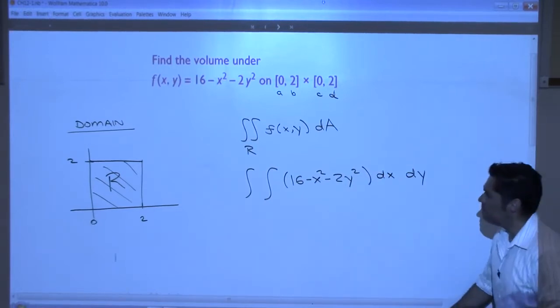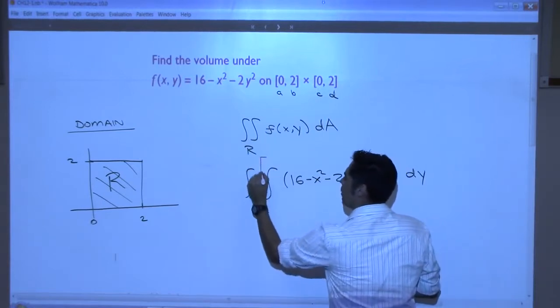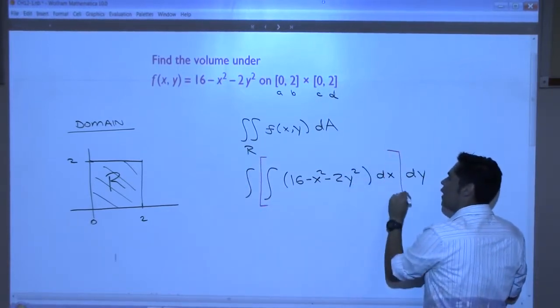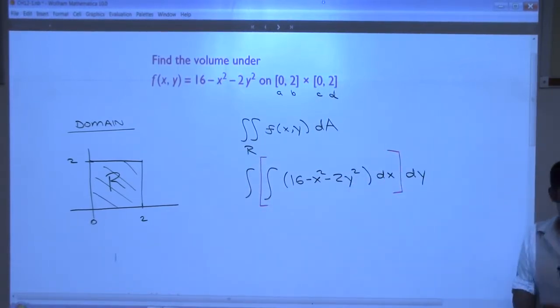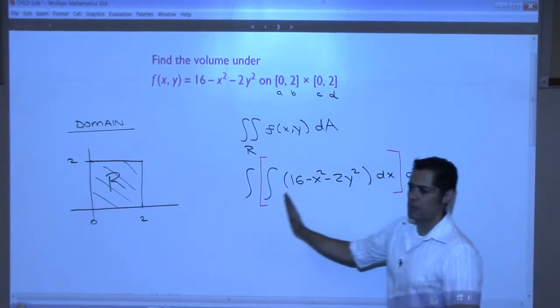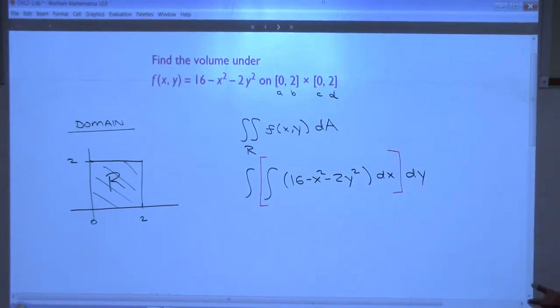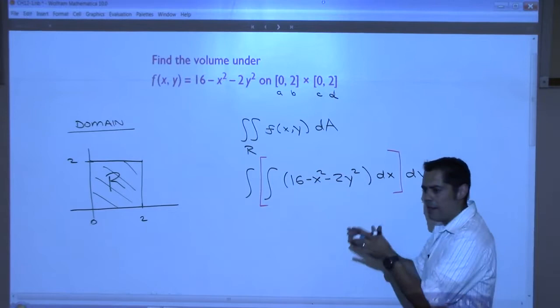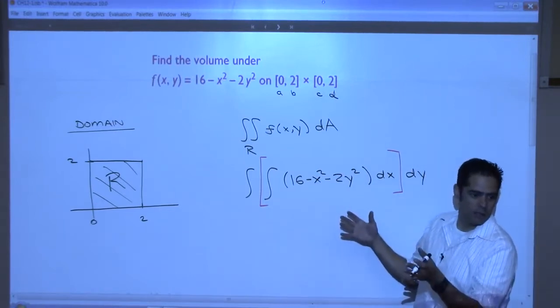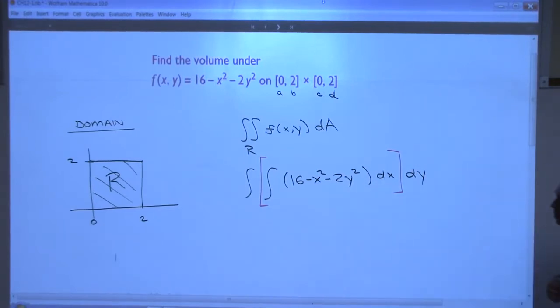So what I'd like to do is break this up. Everyone understand we have an inner integral, that's the one in red. Then we have an outer integral, which will be the one with respect to y. Now, we're going to do triple integrals in this class too, where we're going to have an inner, then a middle, and then an outer. Right now we're just at a double integral, so when I say inner, I'm talking about the one on the inside, right?